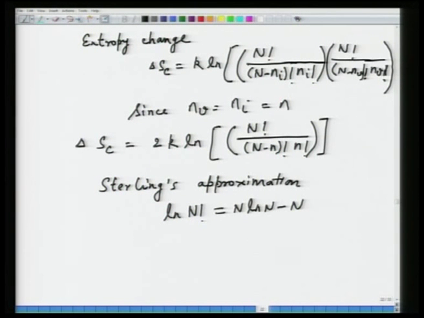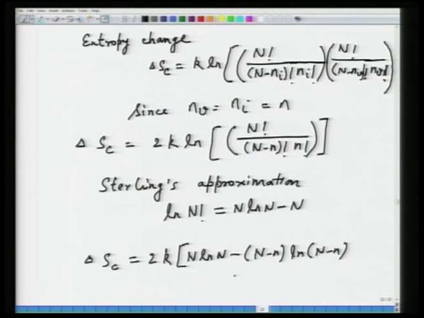So, if you apply this to our equation, what you can work out is delta Sc would be equal to 2k times N ln N minus of N minus n ln N minus n minus of small n ln small n. So, this is the expression that you work out after working out both Wi and Wv, and then eventually W, and substitute in the expression for change in the entropy.